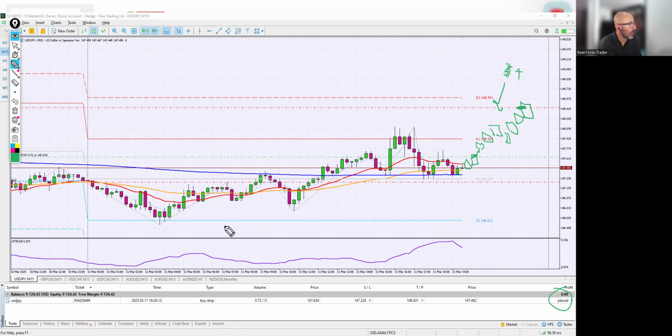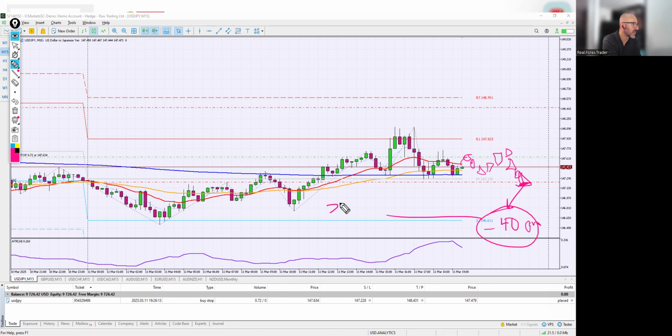But if, for example, the scenario is different, and it is triggered here and then it comes down, tries to go back up, and comes down and touches here, I'm going to be stopped out with minus 40 pips. But those minus 40 pips are my 3% that I was willing to risk in my trade.